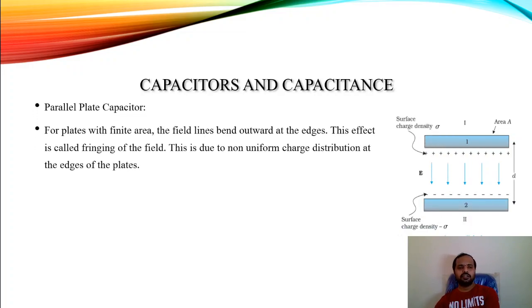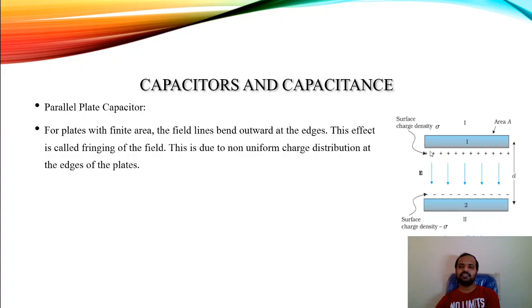Now, initially we have not considered the size of these two plates. We considered that the two plates are infinitely large, and hence we took the electric field as E equals sigma by 2 epsilon naught. But in real cases, we usually take the plates to have finite dimensions, that is, the area of them is known.